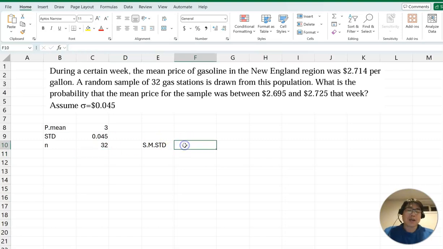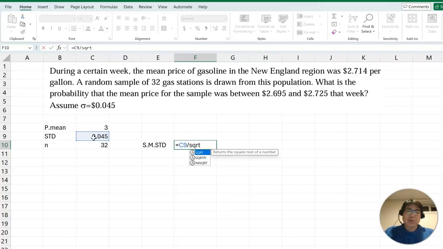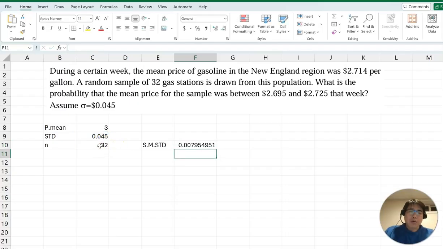You need to find the sampling mean distribution standard deviation, which is the original standard deviation divided by the square root of the sample size. When we generate the normal distribution probability value, you have to use this value as the standard deviation.